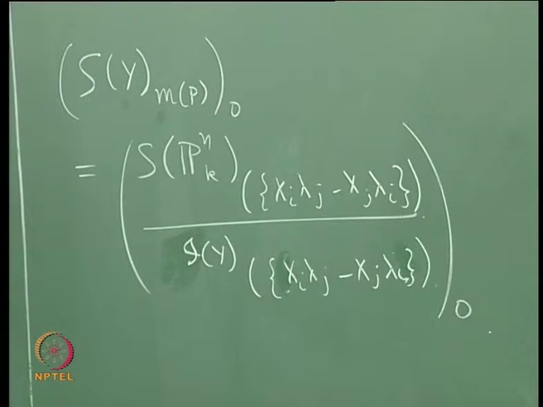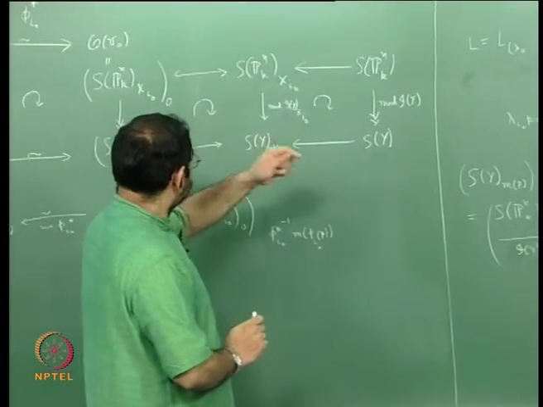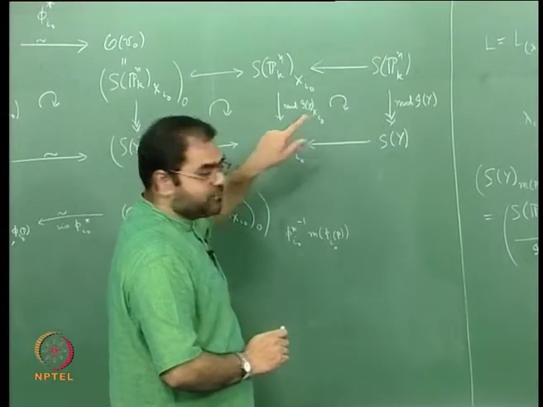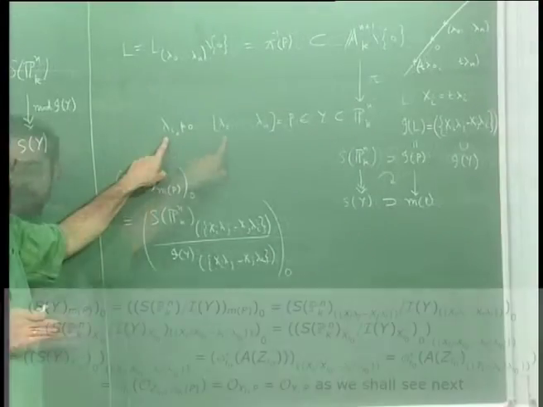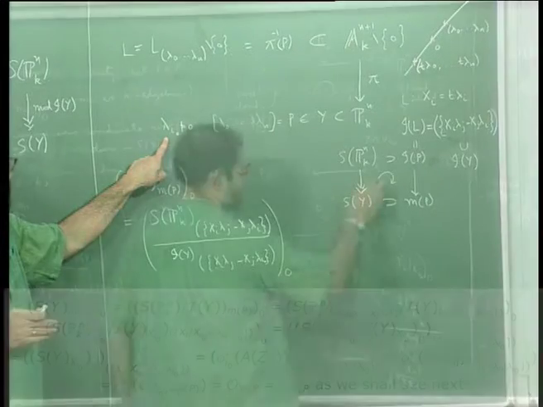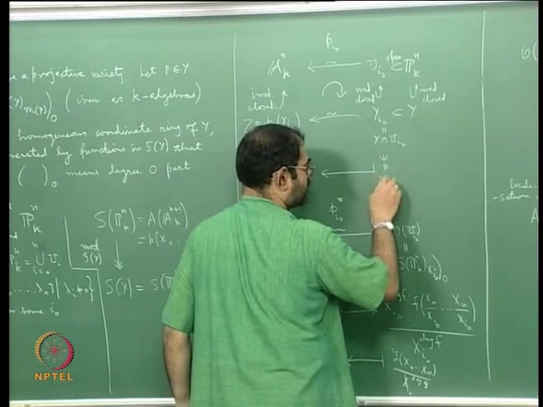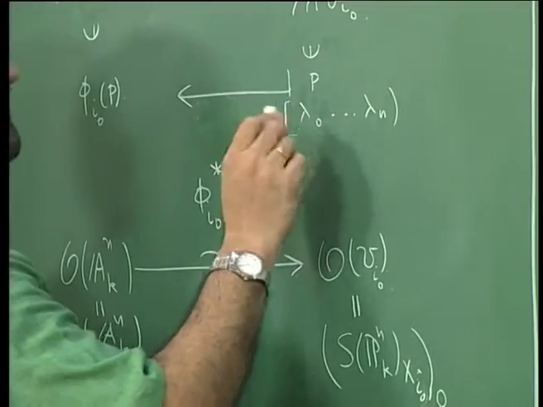But the point is the following. Since the point lies in U_i0, this lambda_i0 is non-zero. Let me write it down. The point here is lambda_0 to lambda_n in homogeneous coordinates.